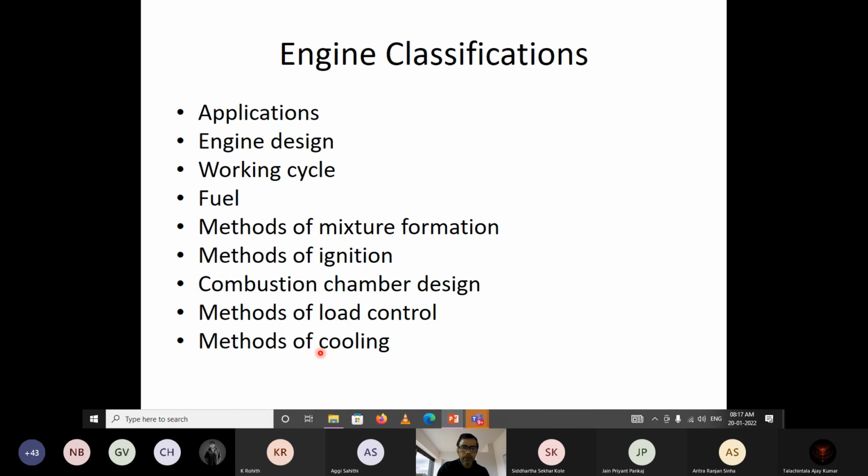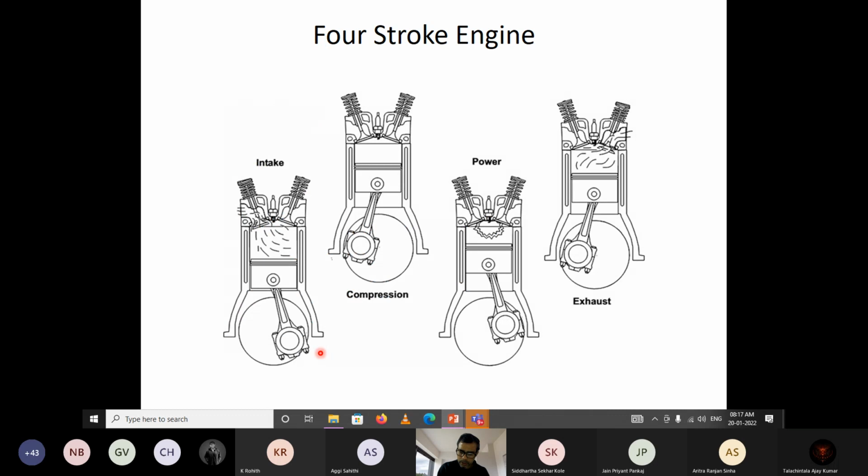So now, our objective in this class is to understand the meaning of the 4-stroke engine, the 2-stroke engine, the spark ignition 4-stroke engine, and the compression ignition 4-stroke engine.